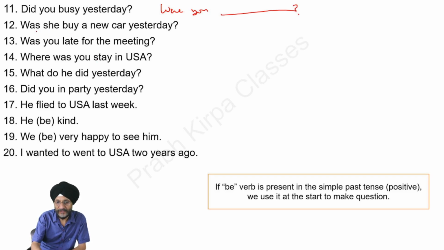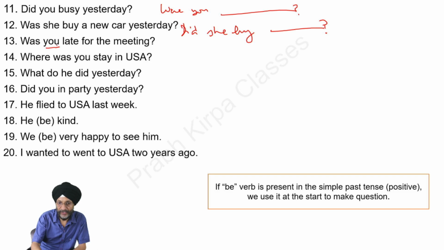If we make the second sentence positive, what will it be? She was buy a new car yesterday. No, this is wrong. We will say in positive form, she bought a new car yesterday. If we make it interrogative, what will it be? Did she buy a new car yesterday?